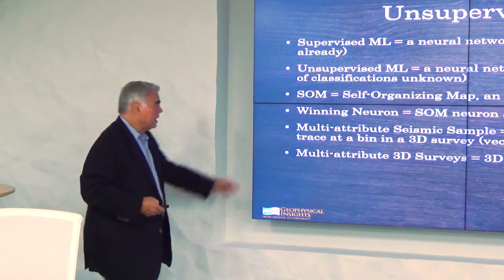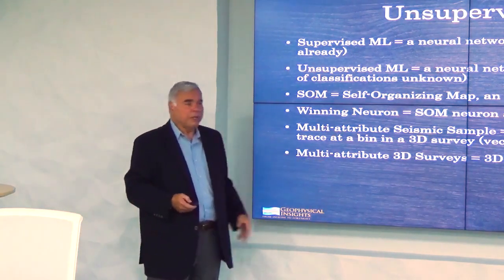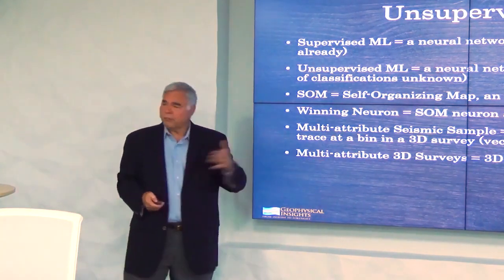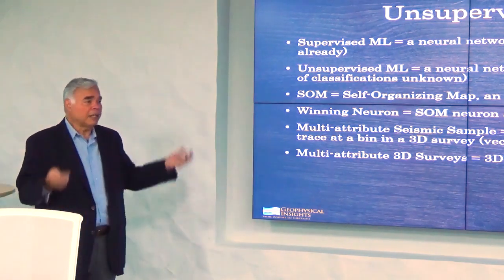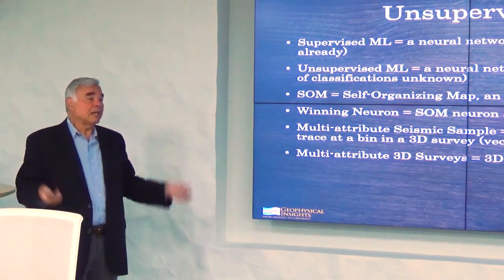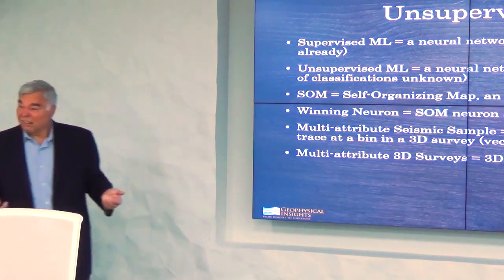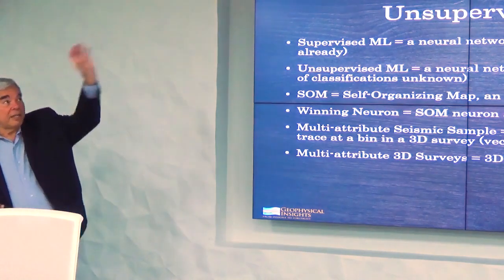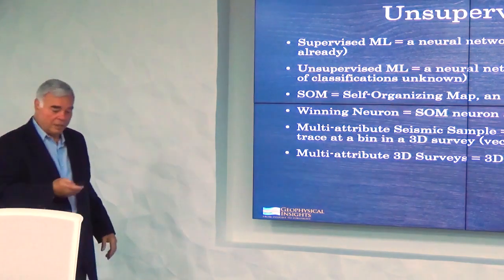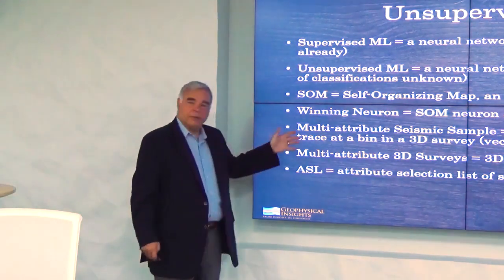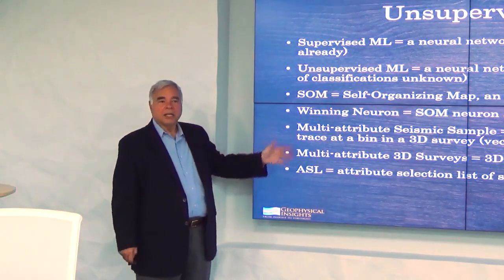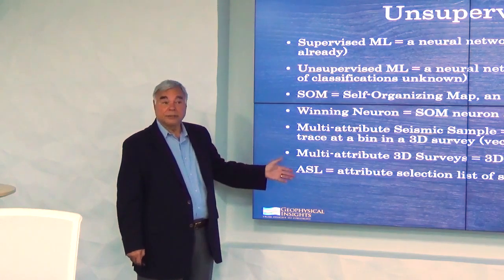And then the multi-attribute 3D survey would be your collection of whichever attributes you decided to use. Okay. Now, obviously, you have to calculate those ahead of time, but that's not part of the machine learning stuff. The machine learning stuff is trying to identify where the information is in attribute space. And so what's really key for this new style of interpretation is the attribute selection list.